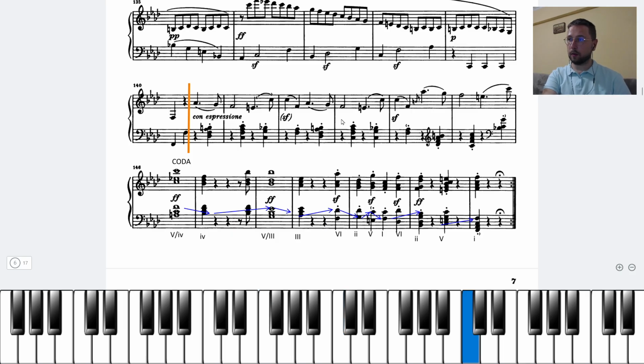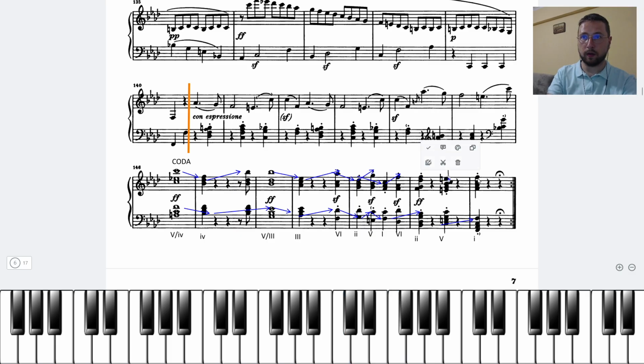So you have it in the melody. Right? So it's also, and you have there the leading tone, perfect cadence. Da-dum.